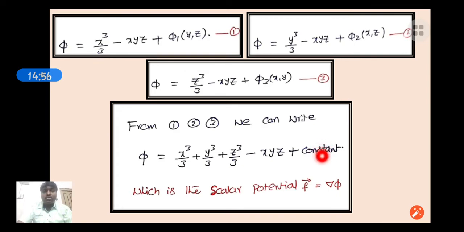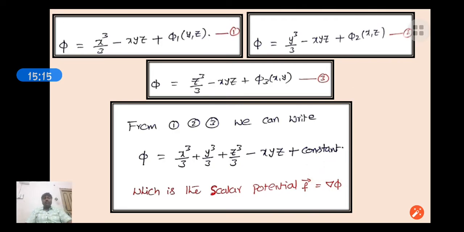Okay, at the place of constants. Finally, our function phi is equal to x cube by 3 plus y cube by 3 plus z cube by 3 minus xyz plus a constant c, which is a scalar potential for the vector point function f bar is equal to del phi.